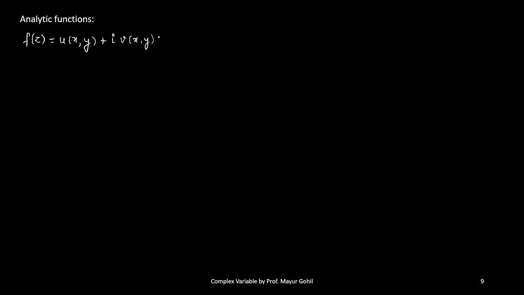Now, there are many concepts when we go from the real plane to complex variable that become different, or have certain more notions attached to them. So one such notion is differentiability.